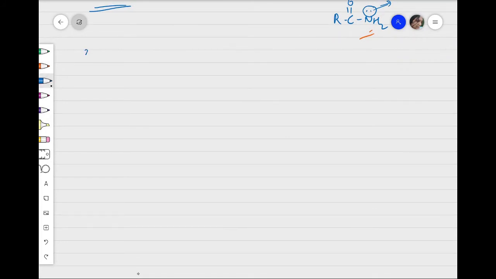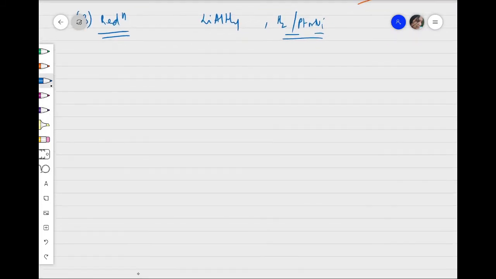What happens when you reduce an amide? Reduction can be achieved either by using lithium aluminium hydride, or you can take hydrogen over platinum or nickel. Okay, you can use these other common reducing agents, and basically the amides will get reduced to the corresponding amines.